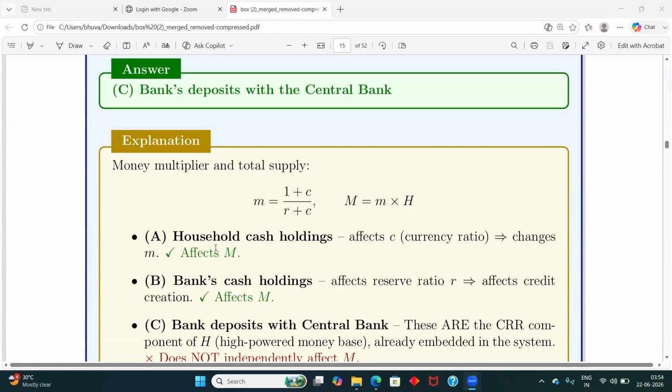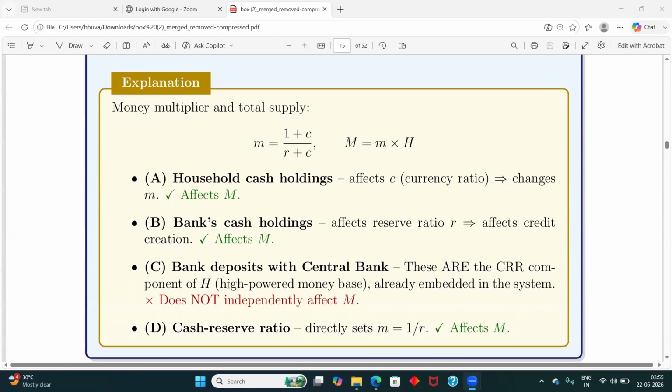So household cash holding affects the currency ratio. It changes the money multiplier and affects the monetary base. Bank cash holding affects the reserve ratio also. It affects credit creation. When the bank has a higher reserve ratio, the bank does more credit creation. So it also affects M.